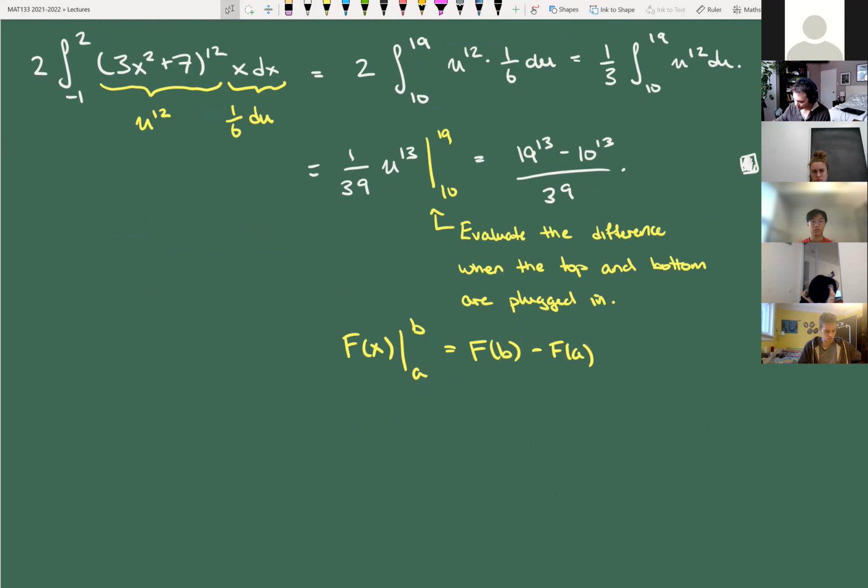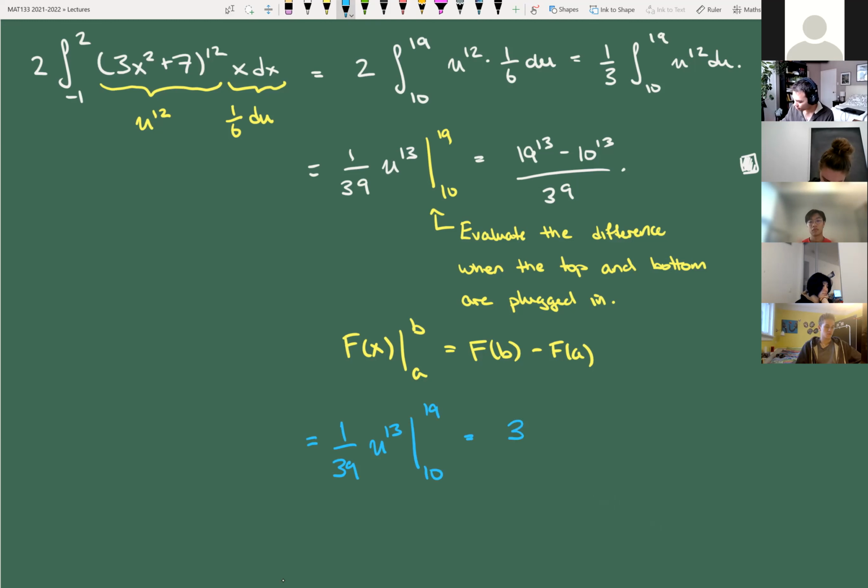So at this point, what we could have done instead of 1/39 u to the 13 evaluated from 10 to 19 is return back to x's, okay? And we know what u is, right? u is 3x squared plus 7.